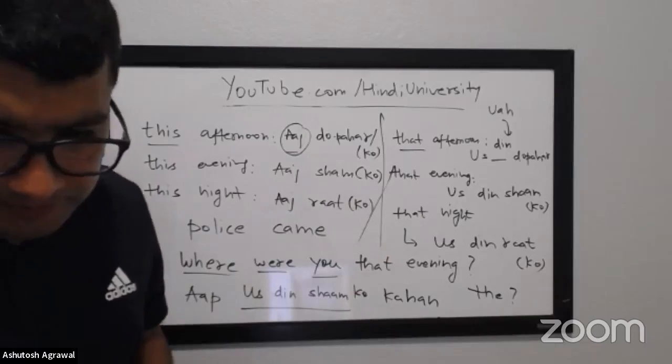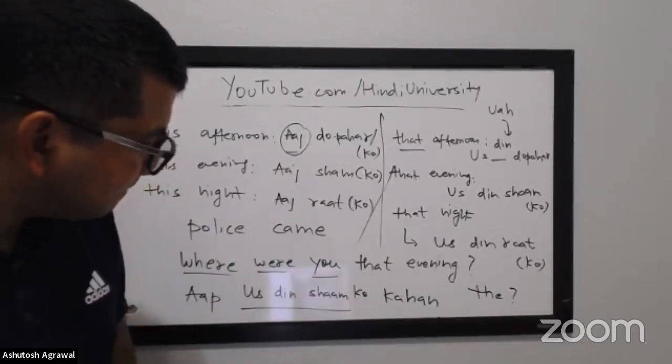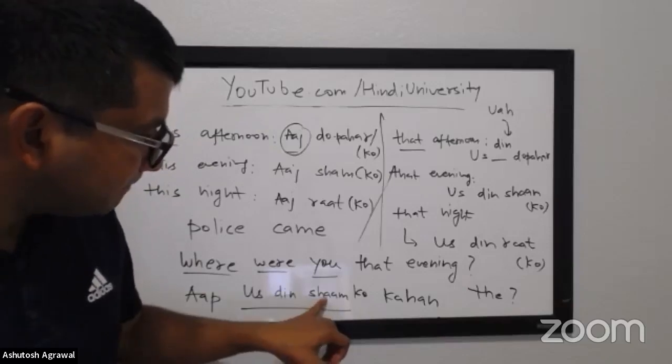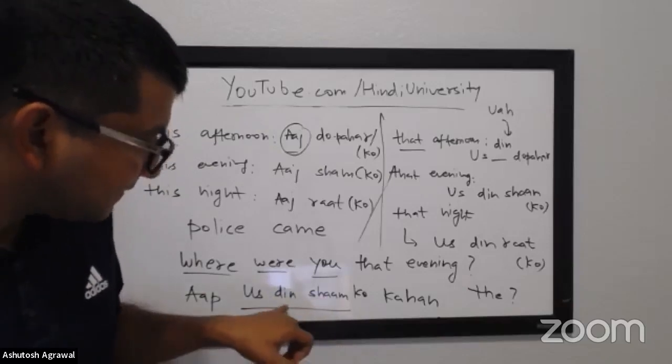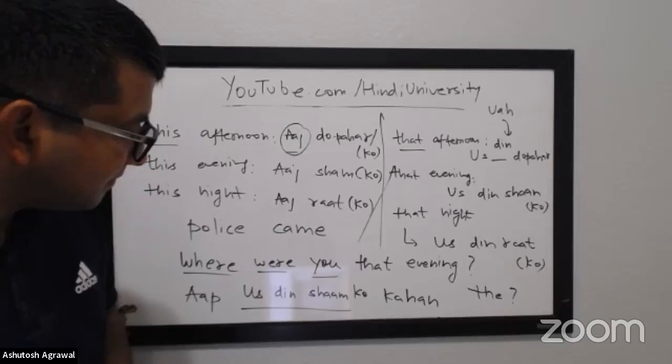I have a question. I'm looking at this like it's उस दिन रात, right? The उस is oblique, right? Yes. Can you translate that as like the night of that day?